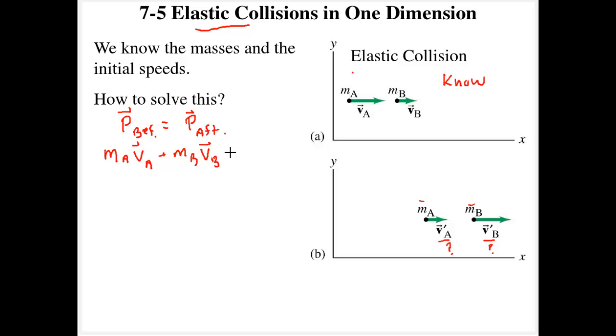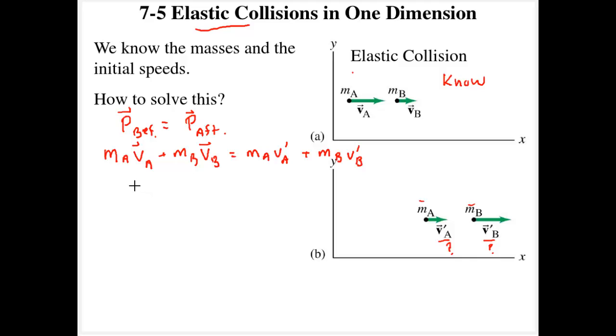As for the momentum afterwards, that's going to be the mass of A multiplied by the velocity of A prime, plus the mass of B multiplied by the velocity of B prime.